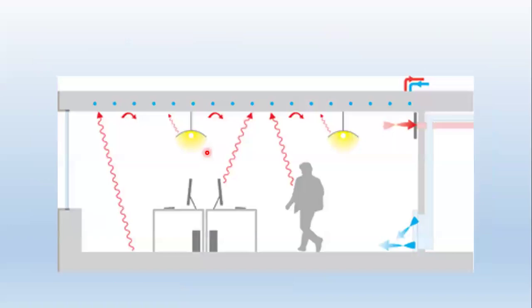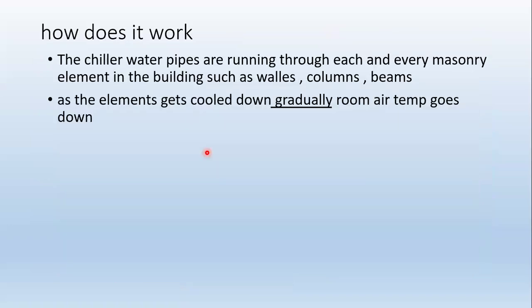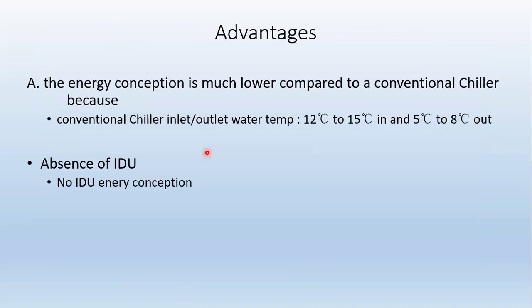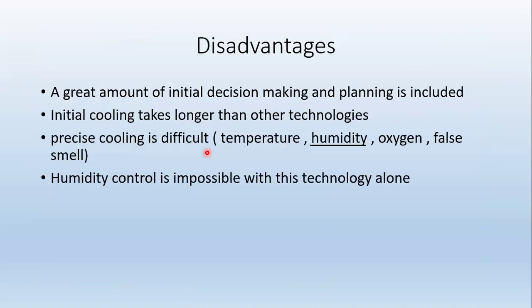Here you can see the chilled water pipes running through each and every masonry element in the building, such as walls, columns, and beams. As the elements get cooled down, gradually the room air temperature goes down. So this is the concept. The first advantage I told you: no IDU energy consumption. Once again, the supply line and return line are the same as we have studied now. That's it, and this is the only one advantage.